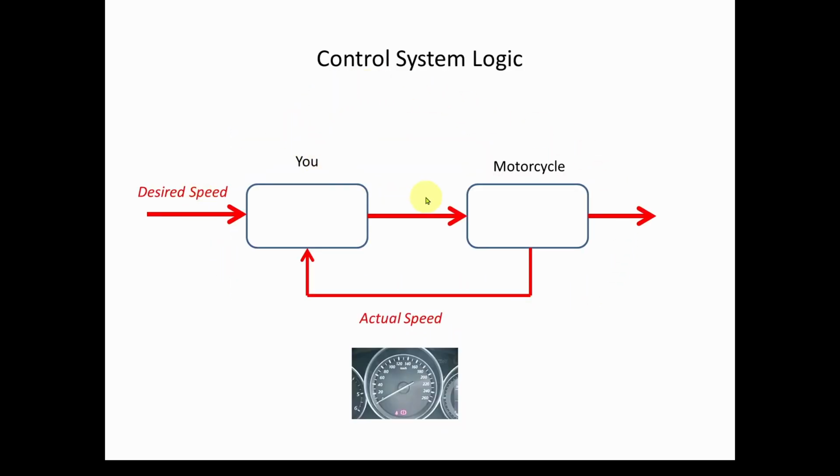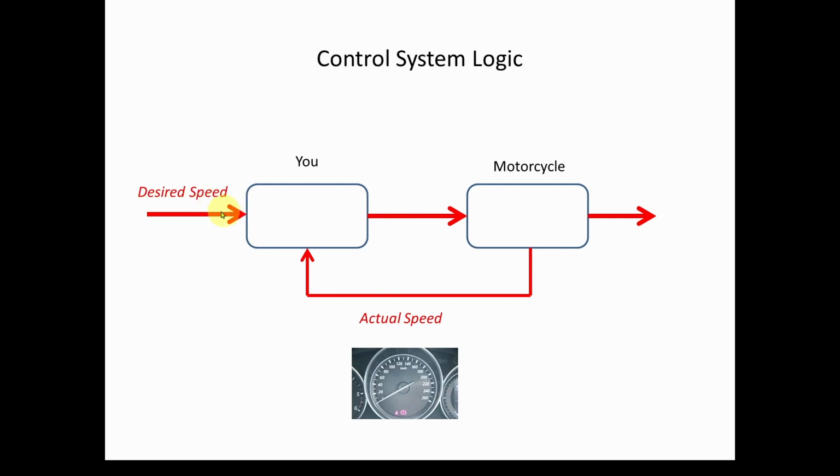Now we can develop kind of a logic diagram that shows what's going on with our control system of us and the motorcycle. So I've got two objects here. I've got you and I've got the motorcycle that you're controlling. If you take an input-output approach to each object, you are you, and you have coming in as an input the desired speed.